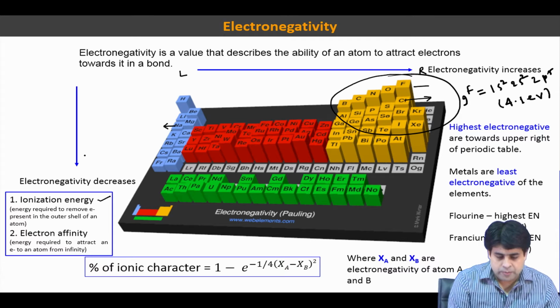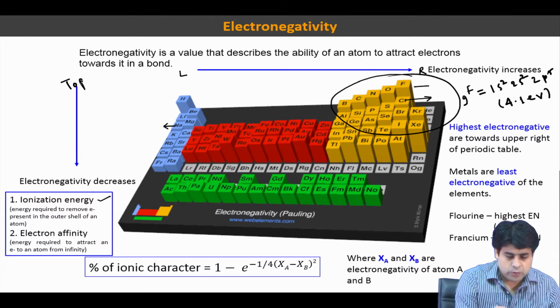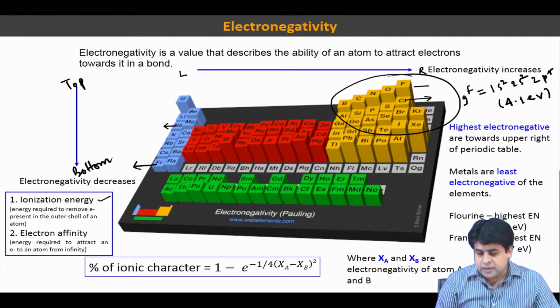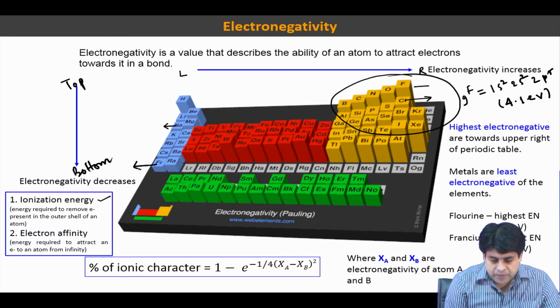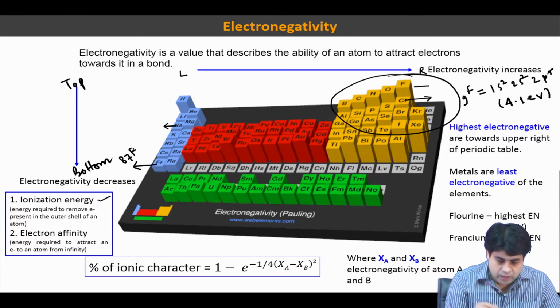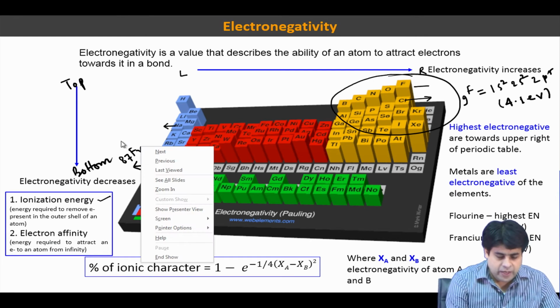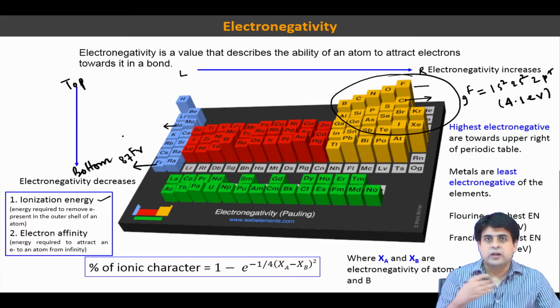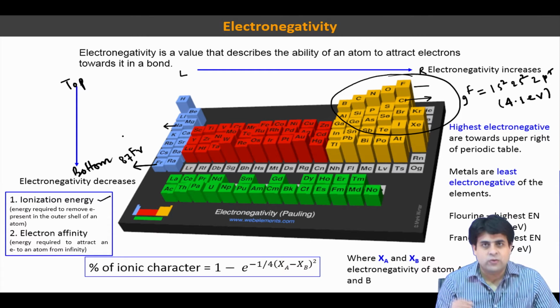when you come from top to bottom, what you observe is this element francium, which has 87 protons. If you write down the electronic configuration, you will find that it can easily remove the one extra electron in its outer shell.